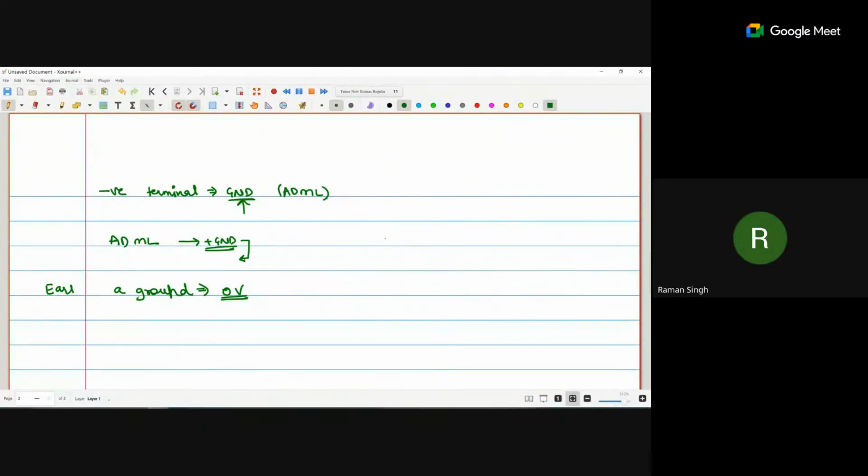Variance in output is equal to V out upon R1 plus R2, multiplied by 1 upon R1 plus R2, then multiplied by the square root of R1 upon R2 square into variance square R2 plus sigma square R1.